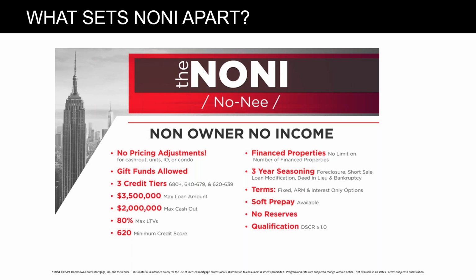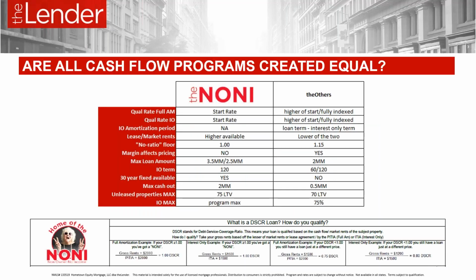Those are some nice long-term options versus hard money. We offer soft prepay for the investor that may want to stay fluid and needs to sell that property. We don't require reserves. So no income, no reserves to $3.5 million, and somebody can cash out $2 million. That's beautiful. And we qualify at a 1% DSCR.